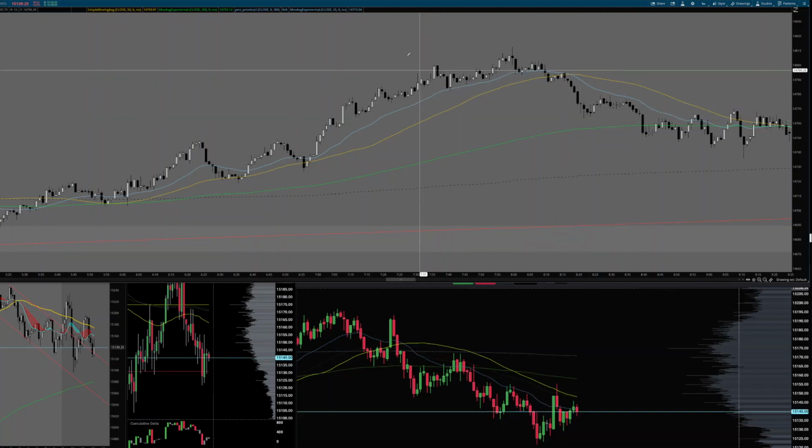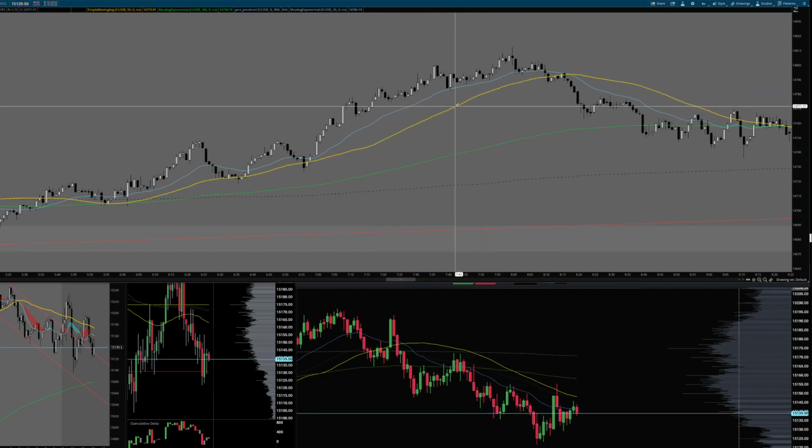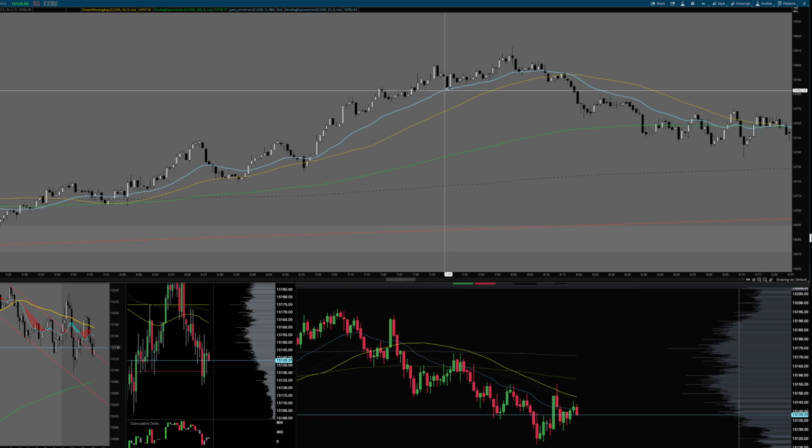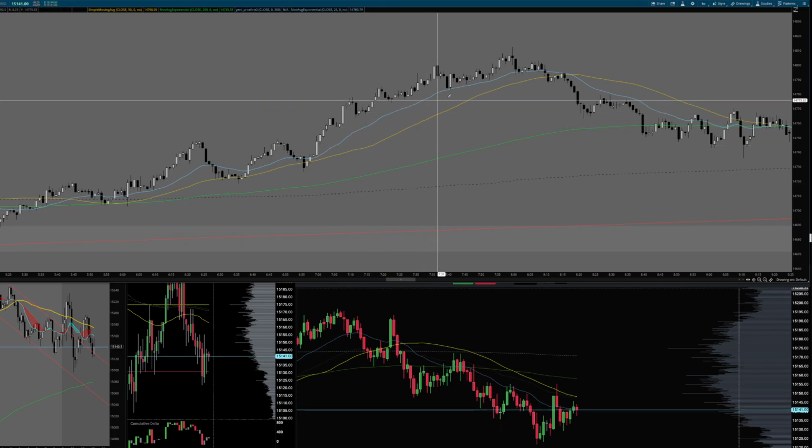This is a 1 minute thinkorswim chart. The yellow line is the 50 simple moving average, the blue is the 25 exponential, and the green is the 200 exponential. Usually the blue 25 is kind of a trend line for me.